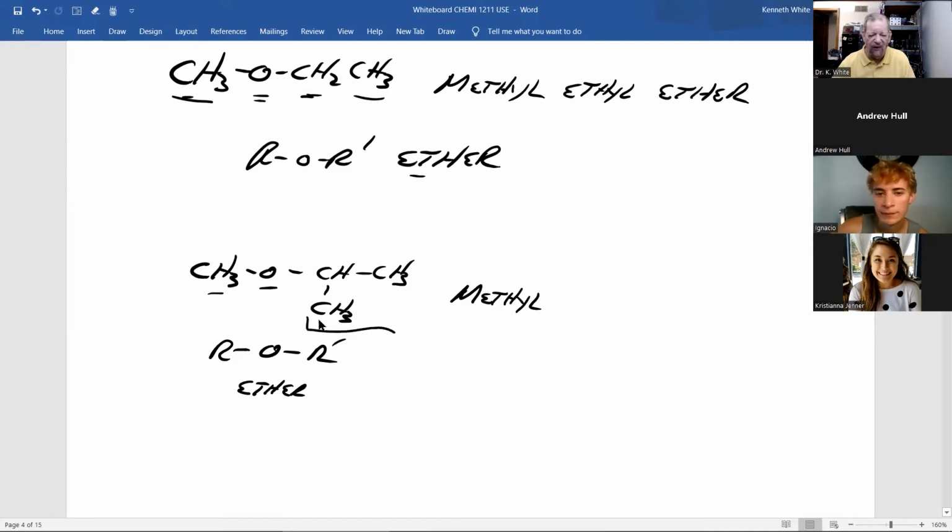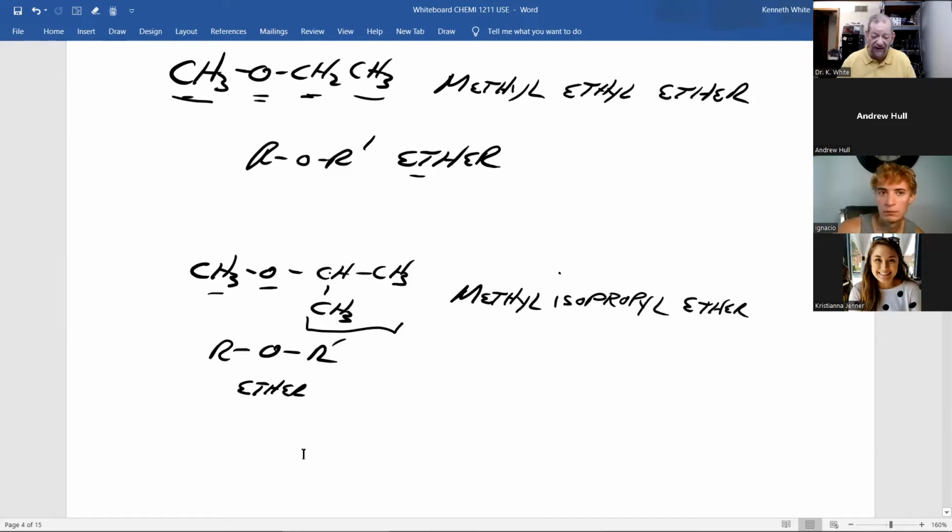And what's this right here? Isopropyl group. 3 carbons, the center carbon is isopropyl. And it's an ether. And you could have also written isopropyl methyl ether. And that's the common name.